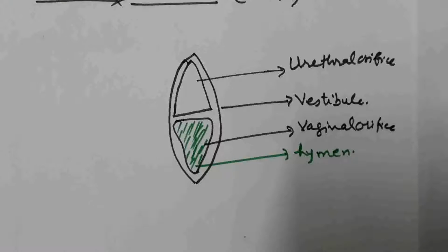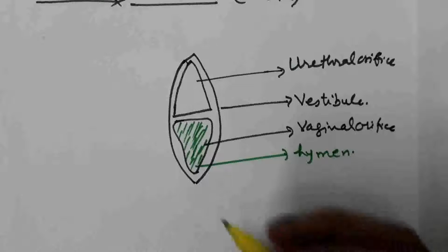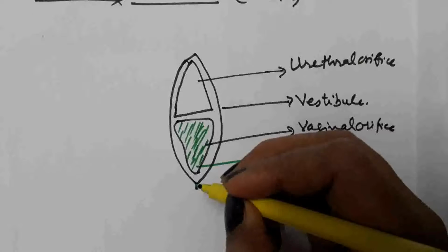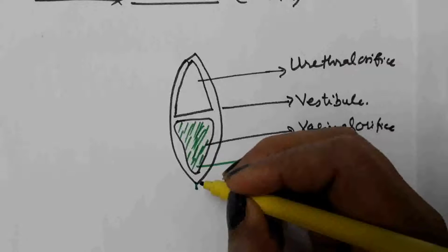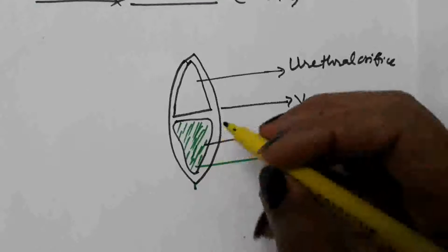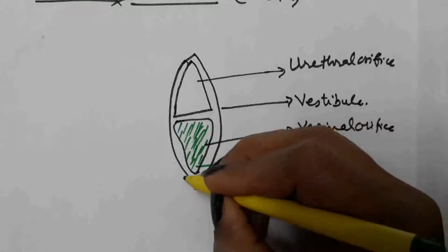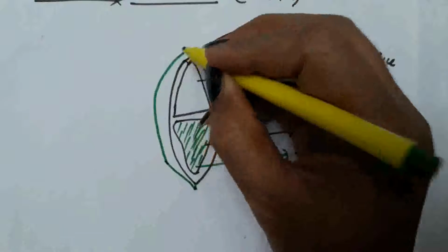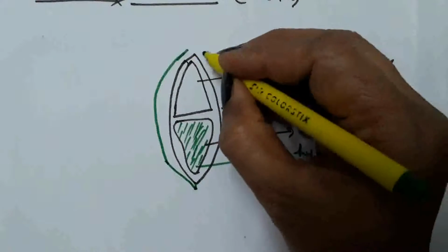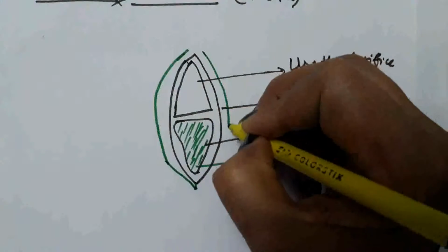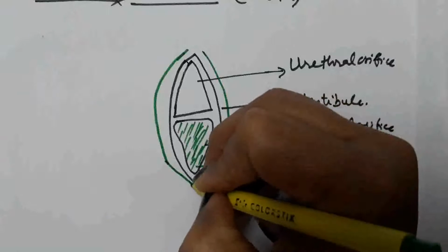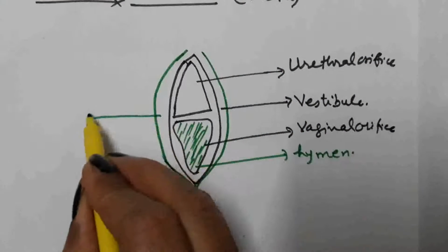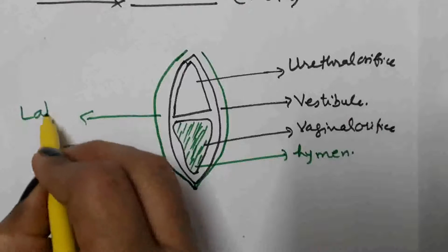Around this vestibule there are two skin folds. One is the smaller fold, known as the labia minora.